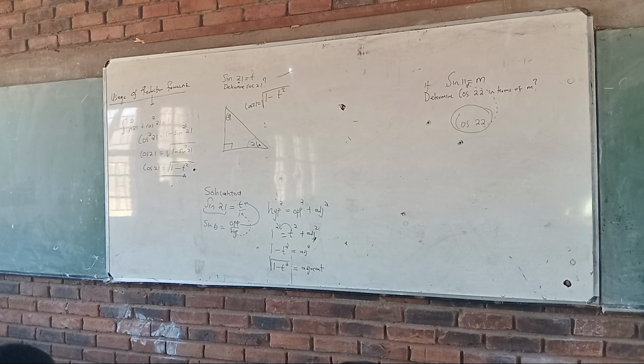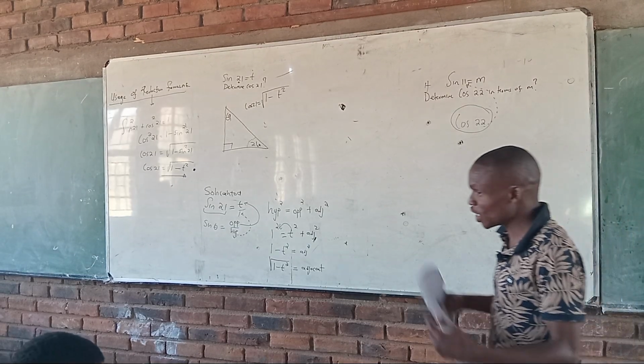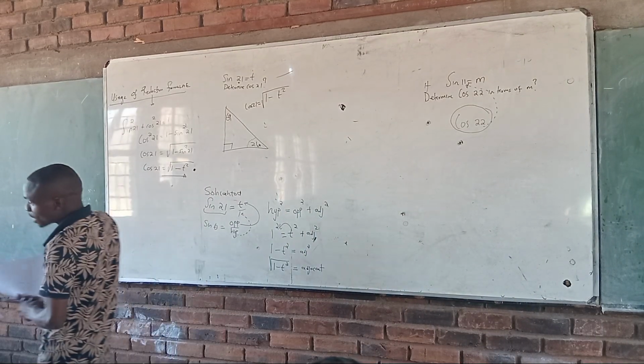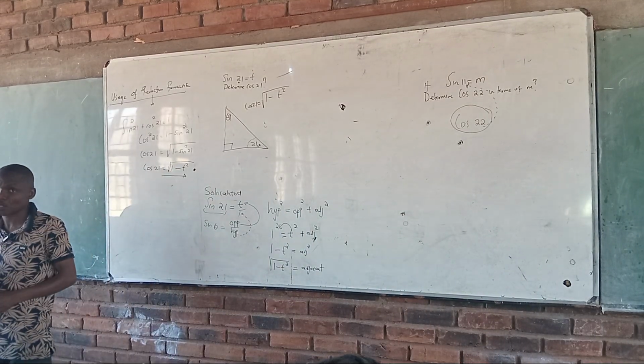And guys, please put more effort in this topic of trigonometry. It's going to be there with a lot of marks. Just in case you are struggling with Euclidean, you cannot afford to struggle with Euclidean and also with trigonometry. If you are struggling with both, it's going to be a serious issue when you are writing your paper too.